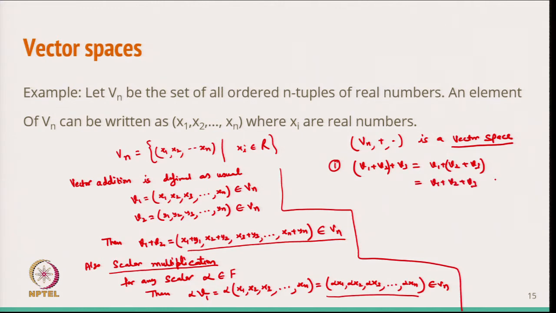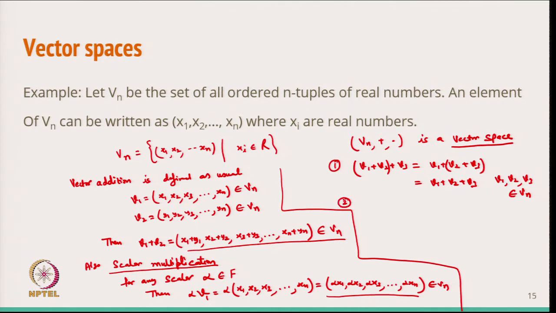This is defined for all V1, V2, V3 belonging to Vn, where V1 is x1, x2 and so on, V2 is y1, y2, and V3 I can take as another one, z1, z2, z3 up to zn. That we can also take in the other form. This is very easily satisfied, so this property is satisfied.